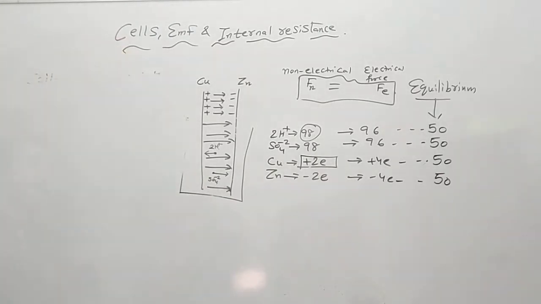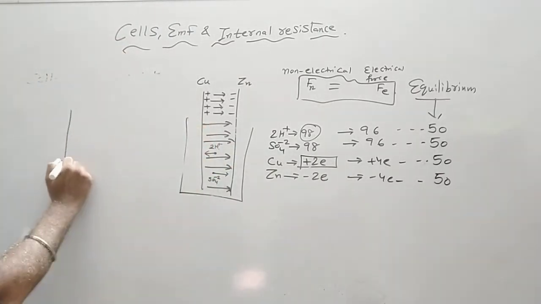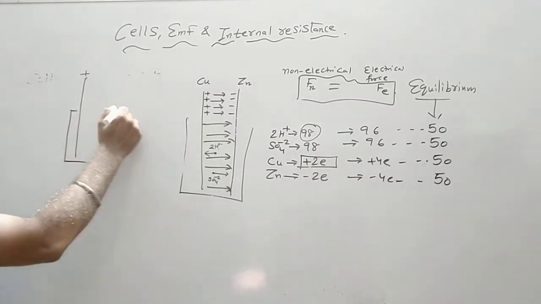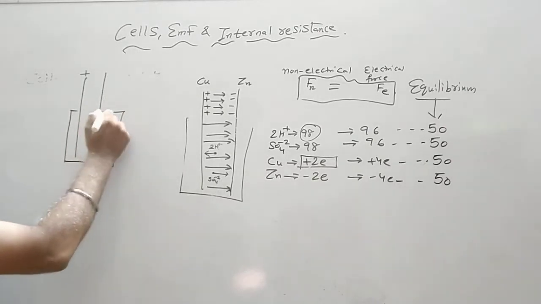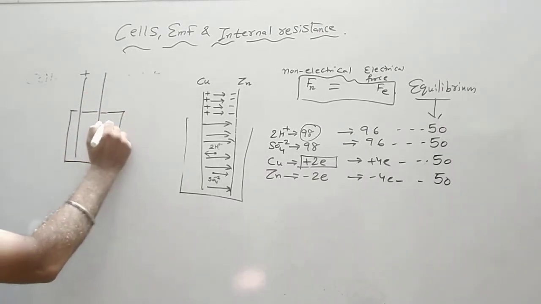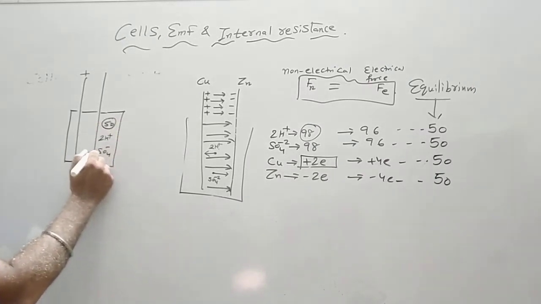And now when I bring this cell from the market, I get inside it H plus ions which are now 50, SO4 minus ions which are 50.